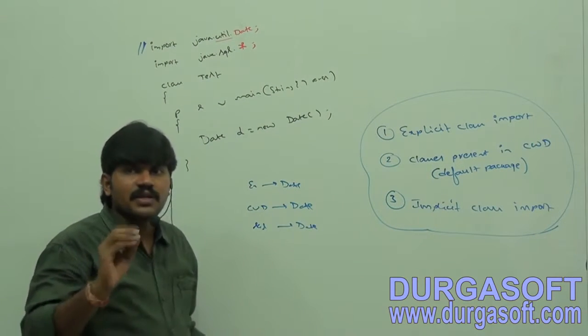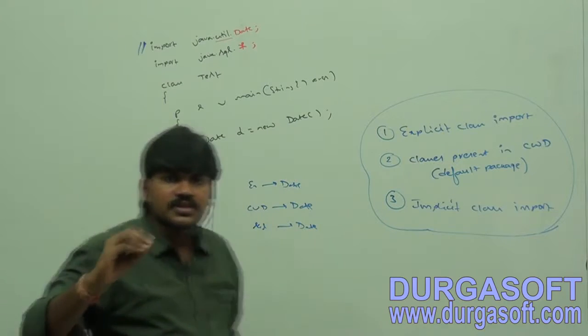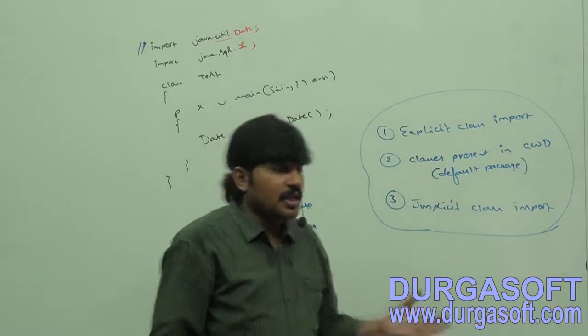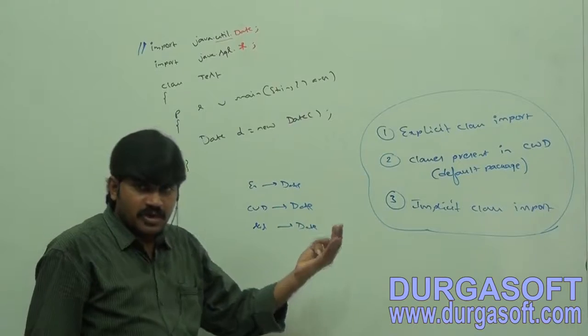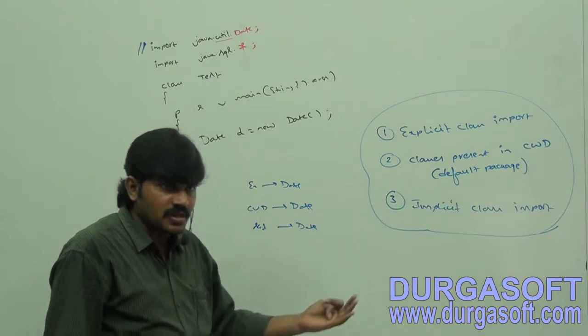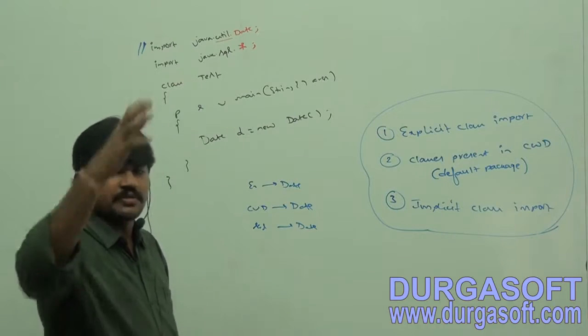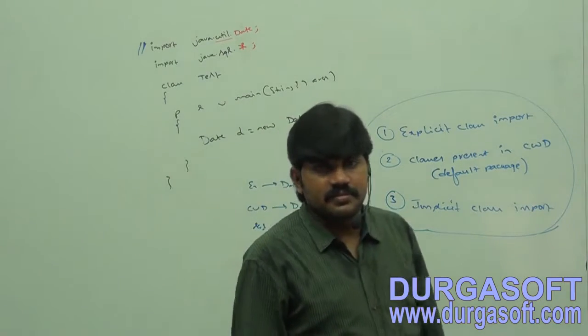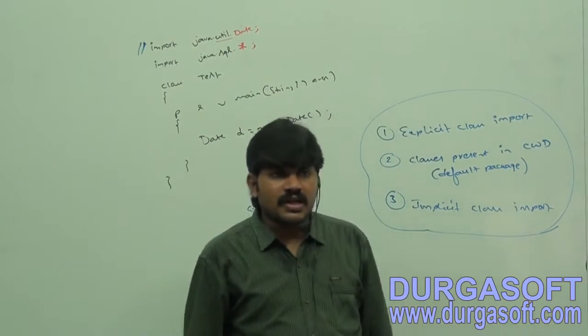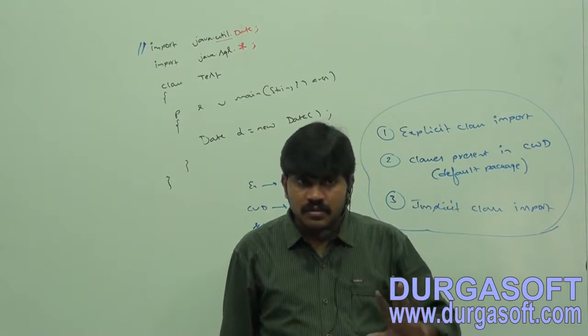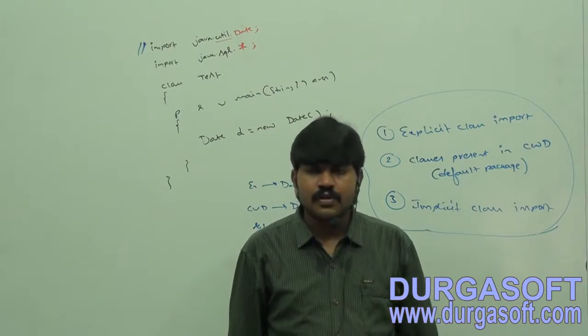So while resolving class names, in which order will the compiler always give precedence? Explicit class import, classes present in the current working directory, and the last one is implicit class import. Any explanation required? Okay, next is case 5.